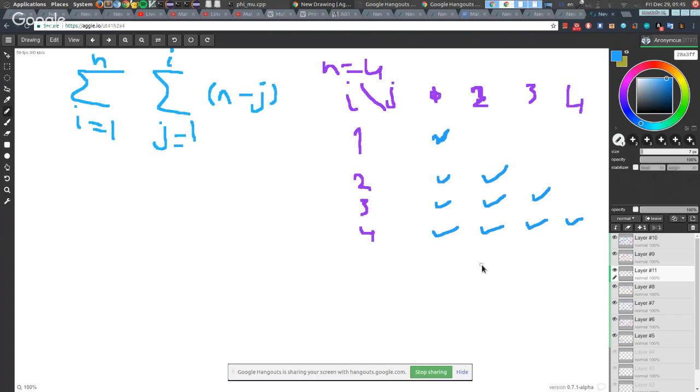So all these positions can be put under the constraint that i is greater than or equal to j, with i up to n. So when we try to find all the pairs i and j that satisfy this constraint, it will be all these pairs together.